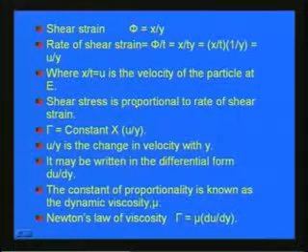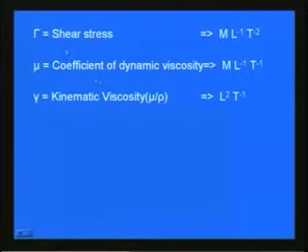The unit of shear stress is M L to the power minus 1 T to the power minus 2, and the unit of the coefficient of dynamic viscosity is M L to the power minus 1 T to the power minus 1, expressed in poise in the system international unit.